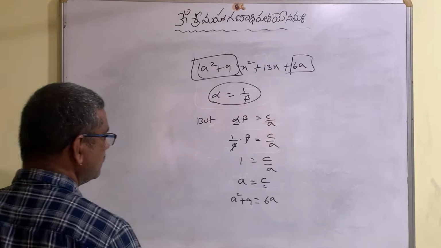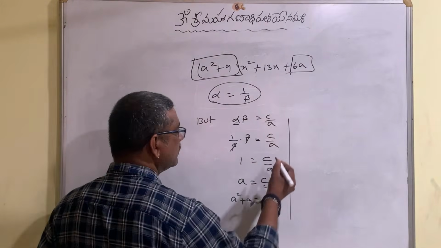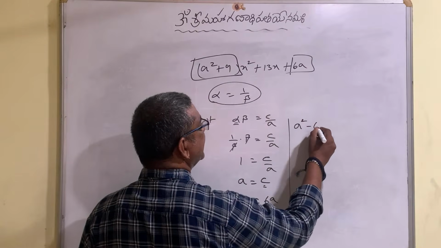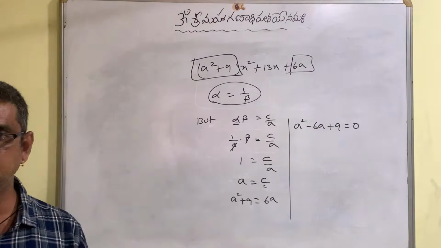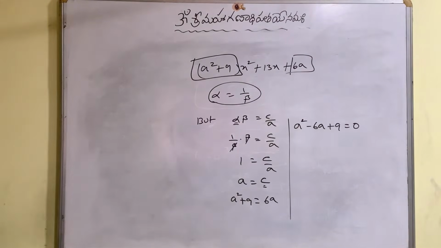Now, a square minus 6a plus 9 is equal to 0. Is that right?